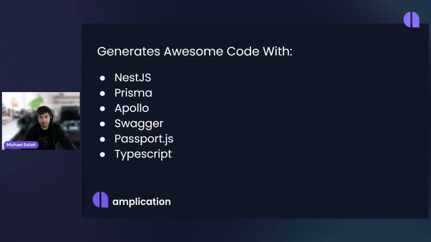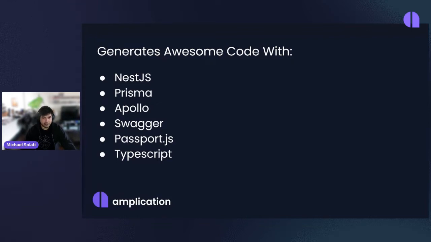Some of the tools include Nest.js, the framework that we're using to build efficient and scalable Node.js server-side applications. Additionally, we use Prisma, so we can make it easy to run CRUD commands against your Postgres database. There's Apollo, so you can use GraphQL to write your CRUD commands.